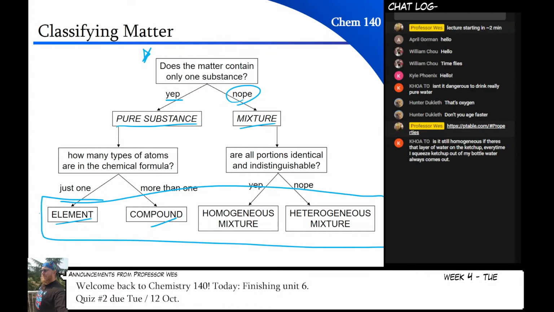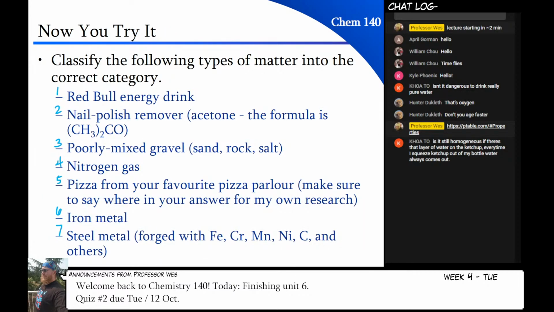So it's either going to be an element, or a compound, or a homogeneous mixture, or a heterogeneous mixture. So you have to do the sort of pachinko thing where you fall into the correct spot to figure out what the answer is for each problem, okay? So work your way down the chart by reading these descriptions.